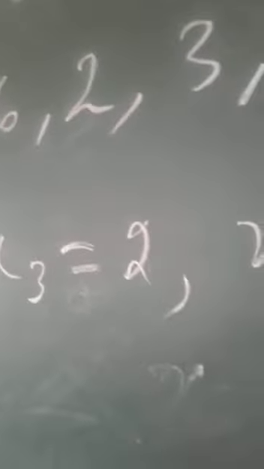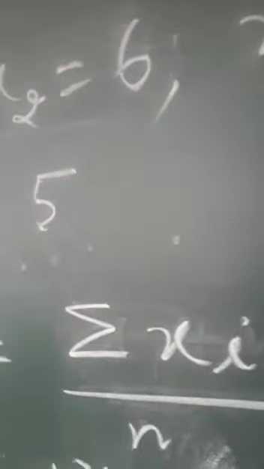Here x1 is equal to 1, x2 is equal to 6, x3 is equal to 2, x4 is equal to 3, x5 is equal to 4 and x6 is equal to 5.